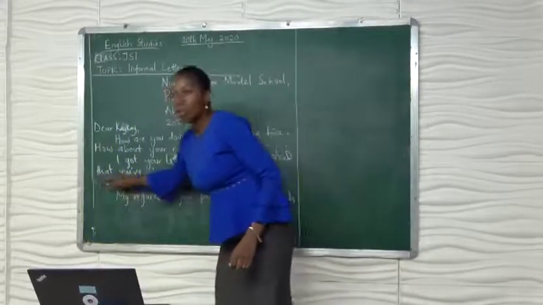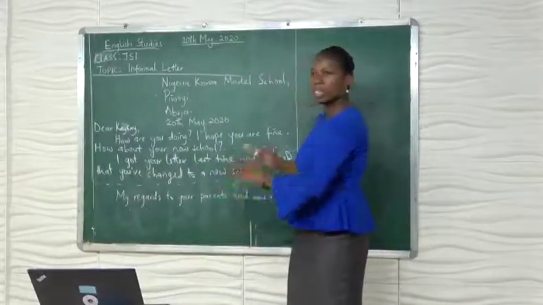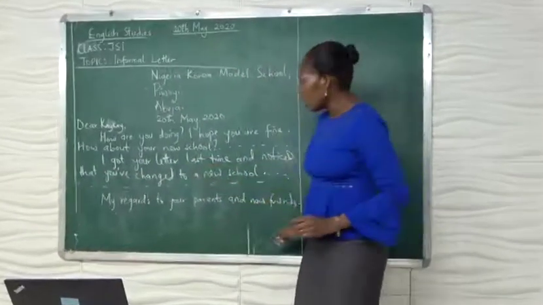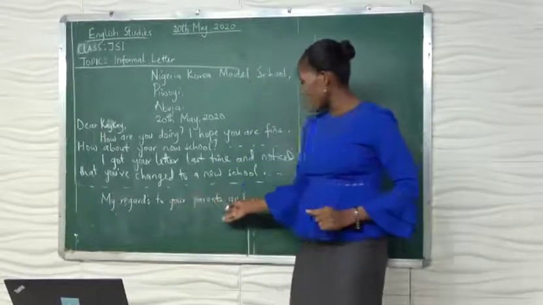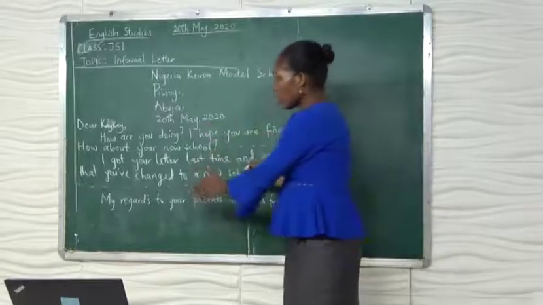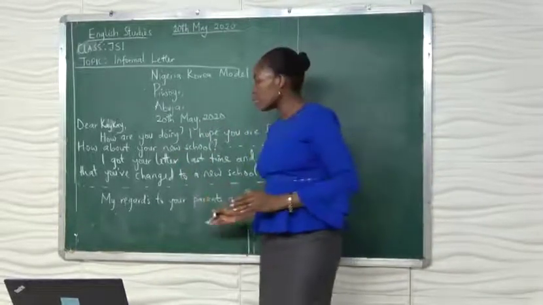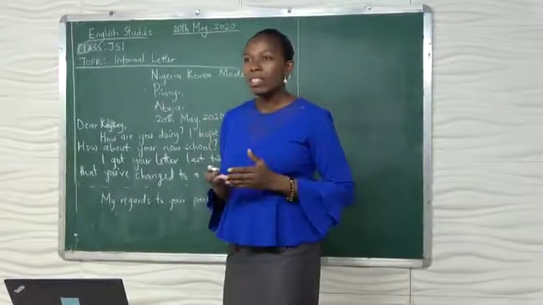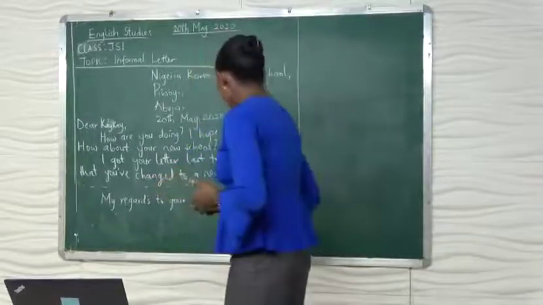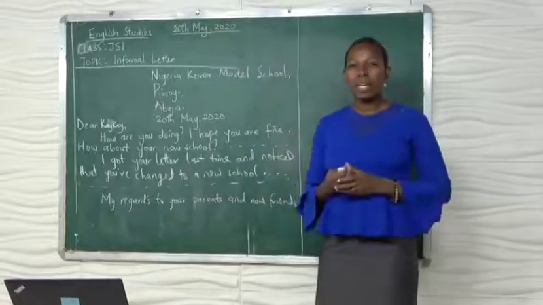I put these dots to show that I can't write a whole letter on this board now. Then you now say, my regards to your parents and new friends. This is the body of the letter. It has been written. The next thing that follows here is complimentary closure.